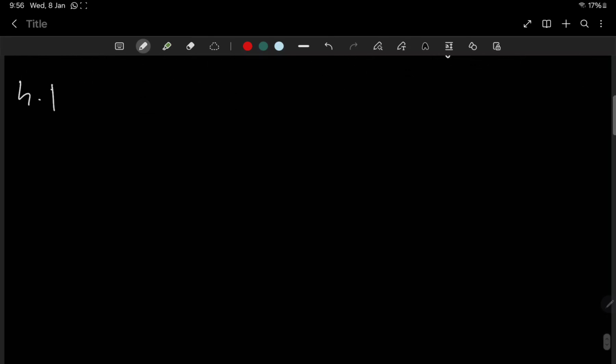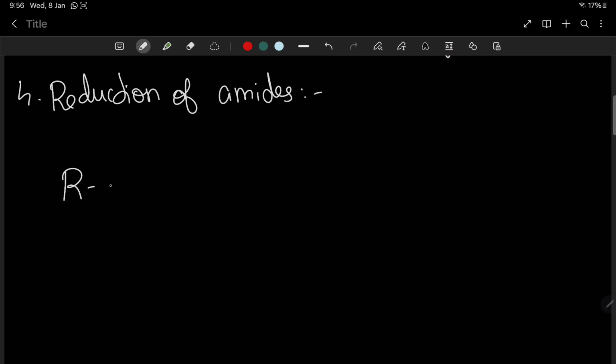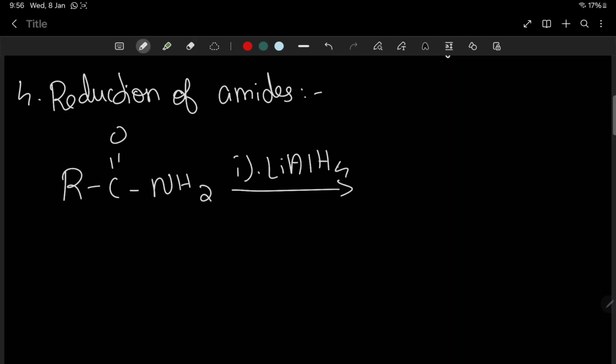Now the next method is reduction of amides. Very simple. Directly take an amide and use lithium aluminium hydride. Lithium aluminium hydride only can do this. No other reagent is given in your book.